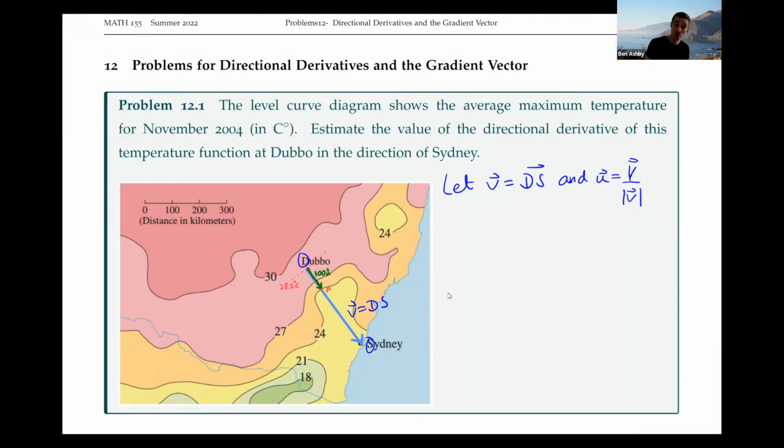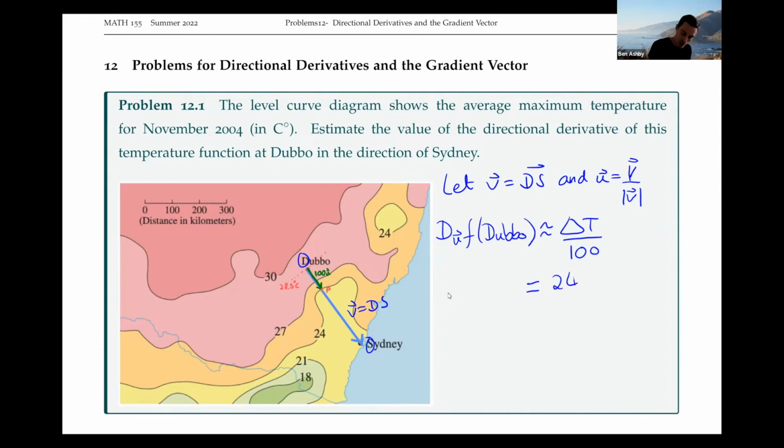That means our directional derivative, capital D sub U, in the direction of our unit vector U, of our function, in this case temperature, at point D for Dubbo, is going to be approximately equal to the change in temperature divided by 100, 100 being the length of the difference here, going from D to P. Okay, so what's that?